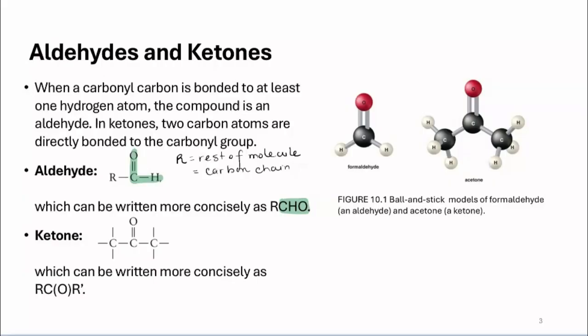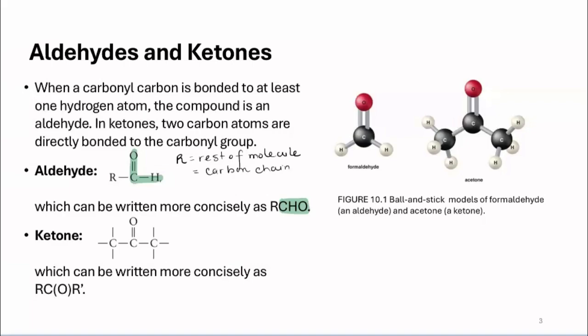When it comes to a ketone, we're going to have a carbon double bonded to oxygen, meaning a carbonyl group. And on each side of that carbonyl, we're going to have carbon chains. You can see here in this general form, we see the carbons illustrated, but those can extend.